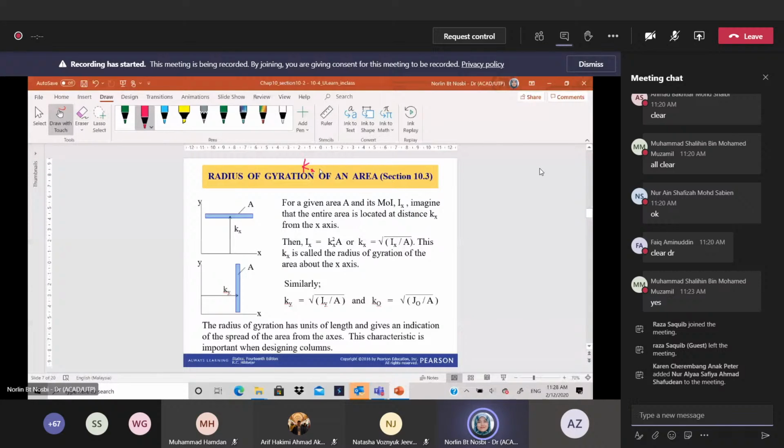The formula for ky is equal to the square root of Iy over A.